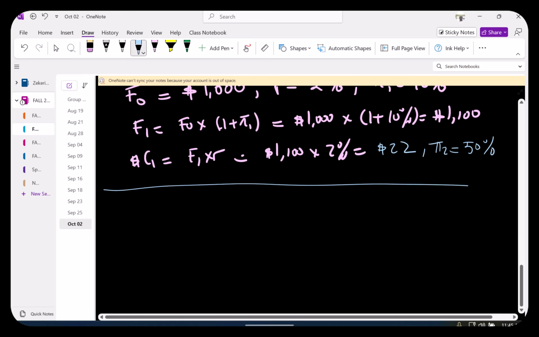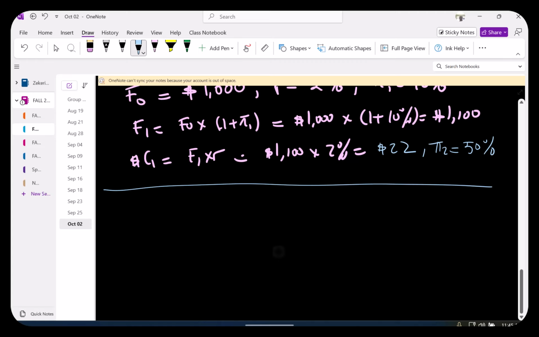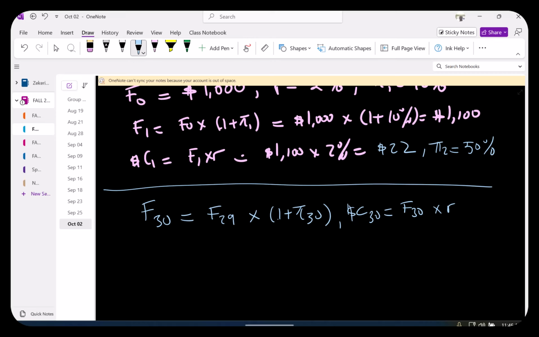Now, in this thing, finally, you're going to index this every year. The last coupon is going to be based on F30. Suppose in 30 years, overall prices doubled. F0 was 1,000.